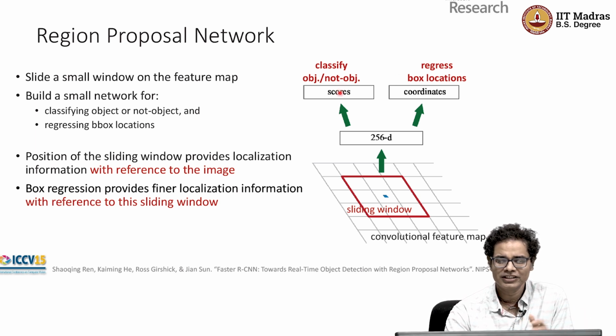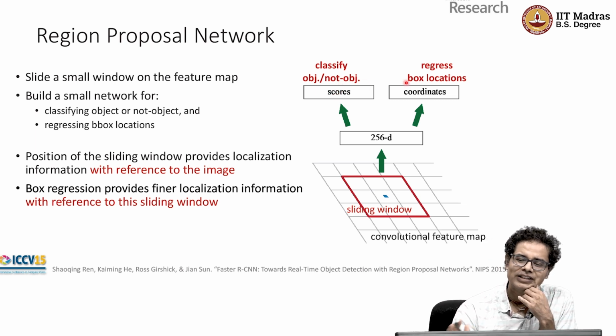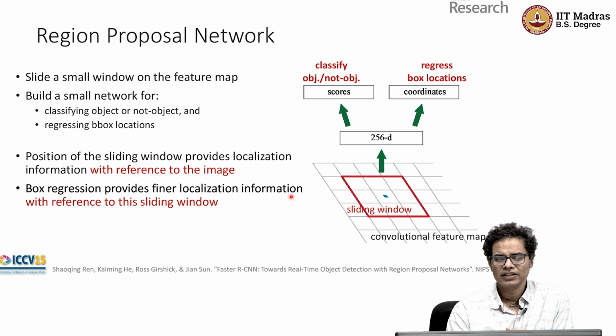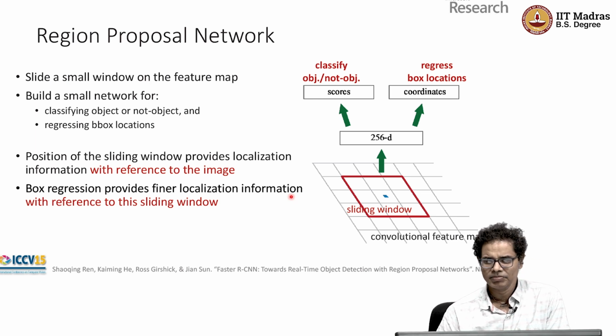It's not what object it has, but whether there is an object or not. If there is an object only, then we give it to the classifier and all. So the position of the sliding window provides localization information with reference to the image, and the box regression provides finer localization information. These are the two things being done.